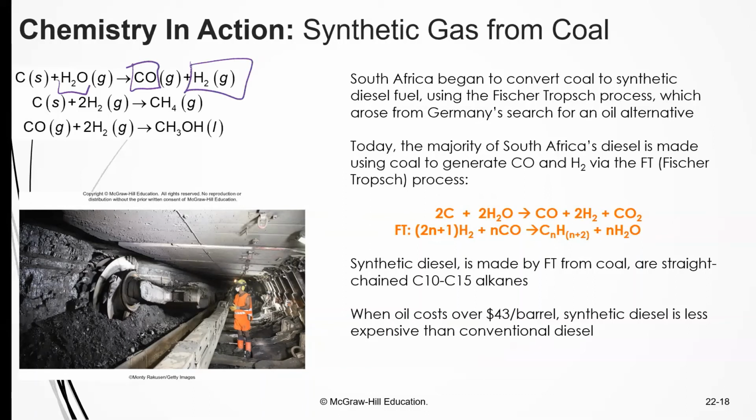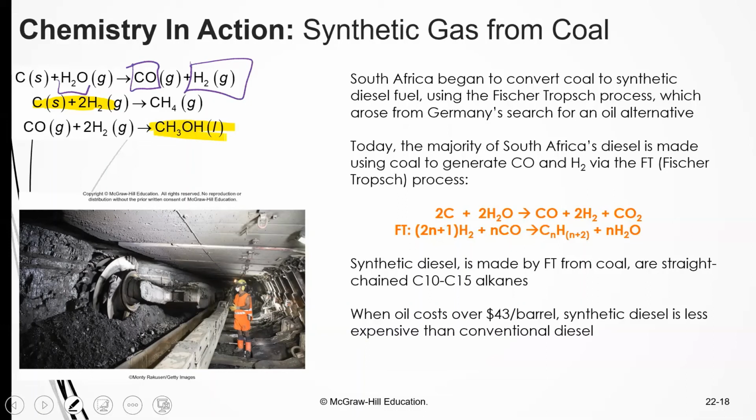That's very similar to the reaction that we saw in the hydrogen production. But then you can take that and combine it with more coal for that hydrogen to turn it into methane. You can take that carbon monoxide and combine it to form methanol.